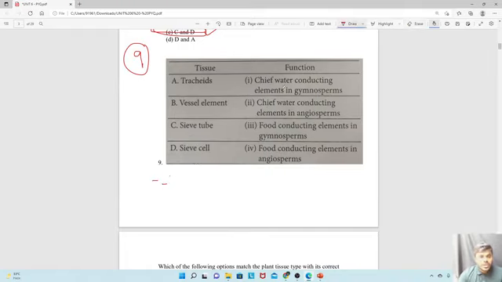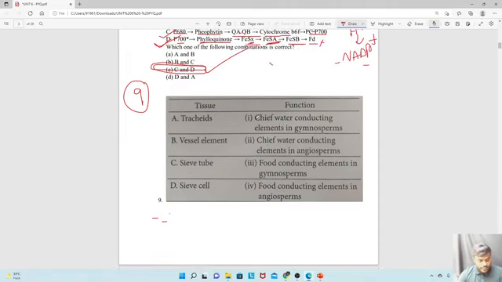First look into the question, then I will show you the options. A, tracheids, B, vessel elements, C, sieve tube, D, sieve cells. I explained this to all of you two days back also. I told all of you to read and remember this: tracheids, vessel elements, sieve tube, sieve cells.